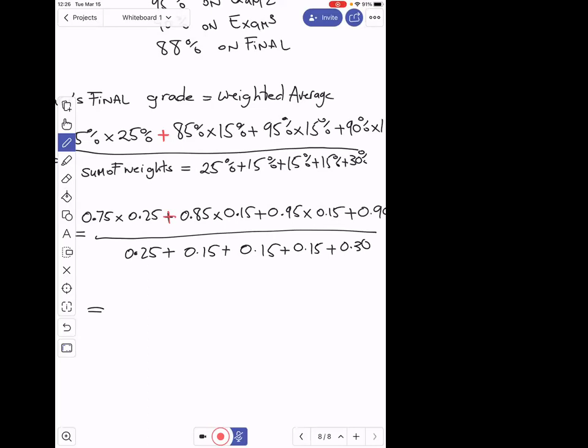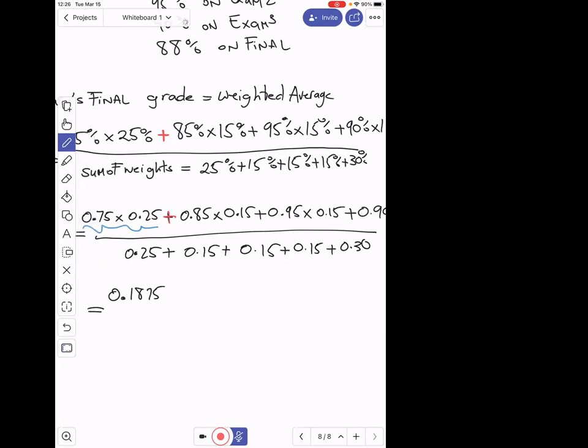So in the top, because of the PEMDAS rule, we need to multiply first, do all the multiplication. First we have 0.75 times 0.25, which equals 0.1875. I just multiply these two numbers right here.